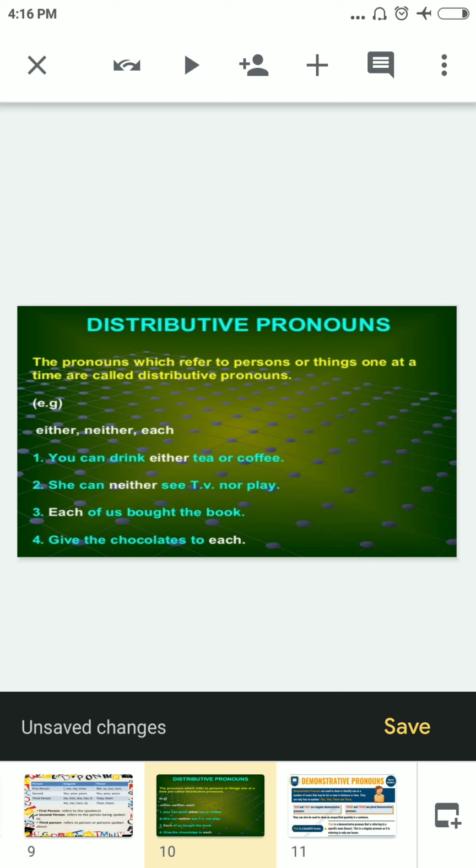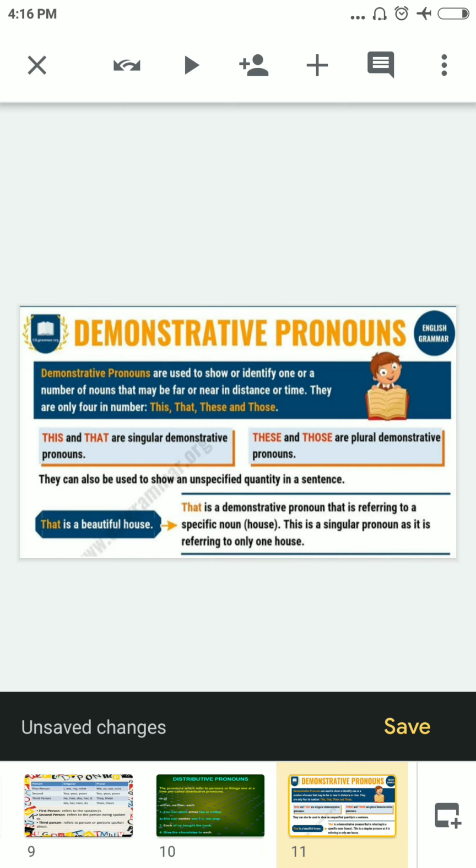So now we just talk about the demonstrative pronouns. So which are the demonstrative pronouns? Demonstrative pronouns are used to show or identify one or a number of nouns that may be far or near in distance or time. They are only four in number: this, that, these, those.